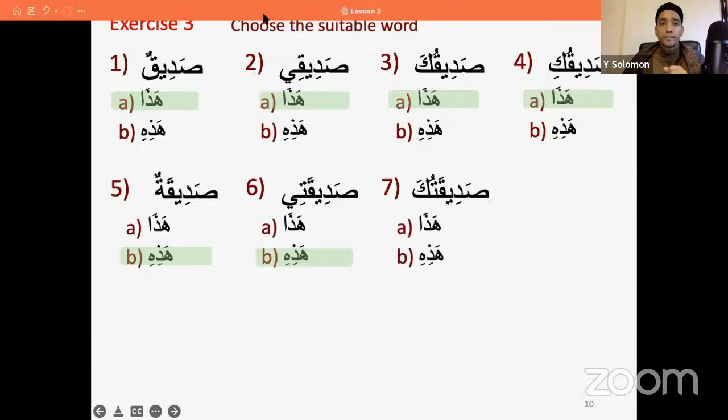Okay. But this is where it gets a bit tricky. صديقتك. Right? So we take the word صديقتك. So even though the ka at the end indicates that we are speaking to a male, we don't care about that because we are indicating to the friend.